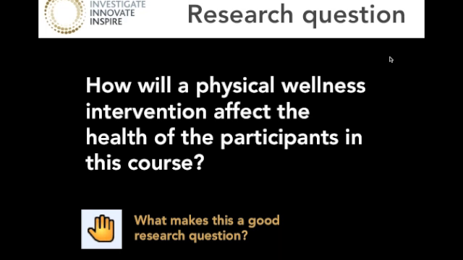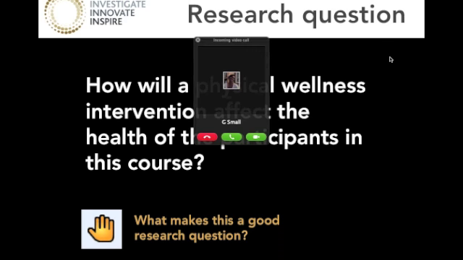The focus is the second part to pay a lot of attention to. While parts of it seem focused, it says exactly who is going to be the subject of the research, the course participants. But as Anjali pointed out, this term health is a very big term as it's used the second time. It talks about physical well-being in the beginning, but health at the other end.